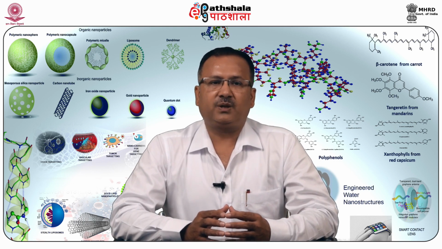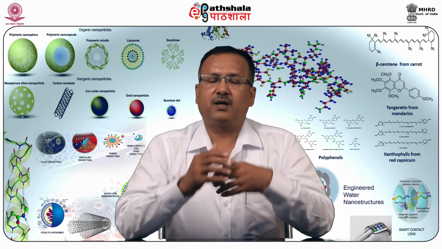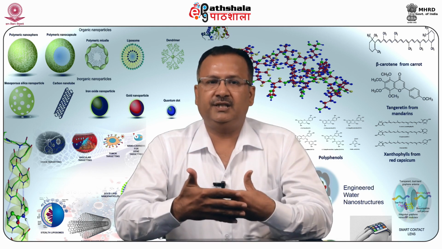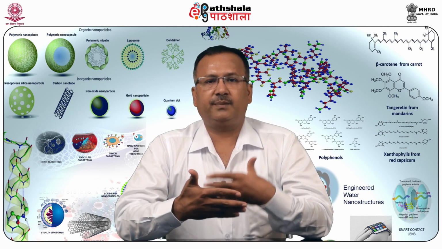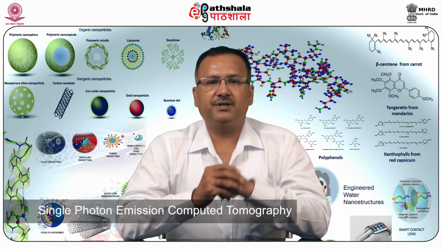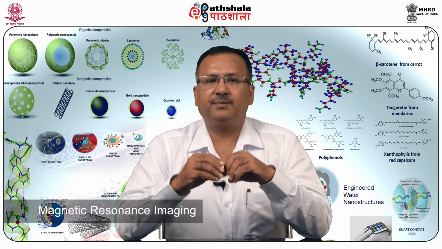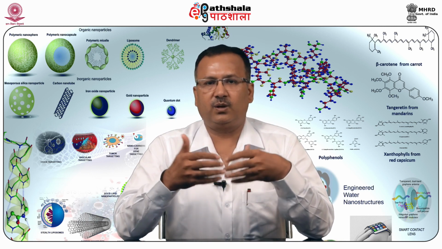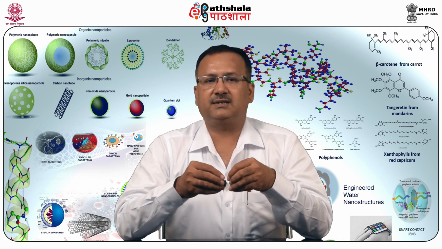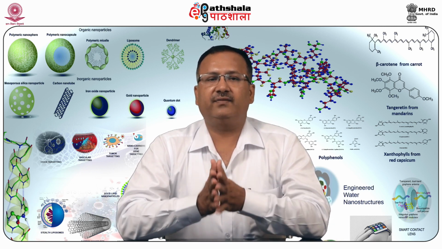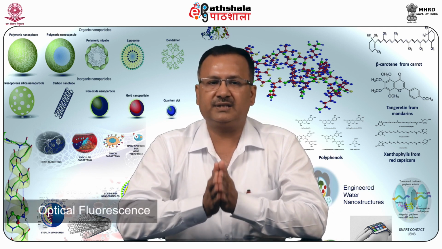The different types of molecular imaging modalities used are positron emission tomography, we call it PET, single photon emission computer tomography, we call it SPECT, magnetic resonance imaging, we call it MRI, as you all know it, then contrast enhanced ultrasound, that is CEU, then we have optical bioluminescence and optical fluorescence.